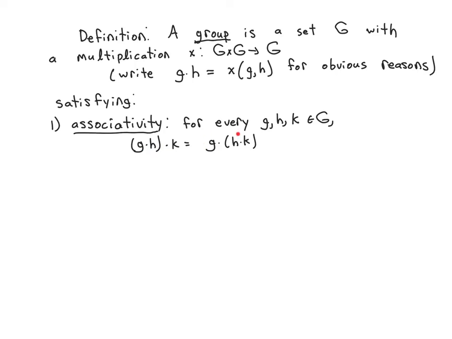And the second calculation says you take the first term and multiply it by the product of the latter two. So you see how these are slightly different calculations. And the point is, for every three elements in your set, these two triple products are always going to give you the same result.